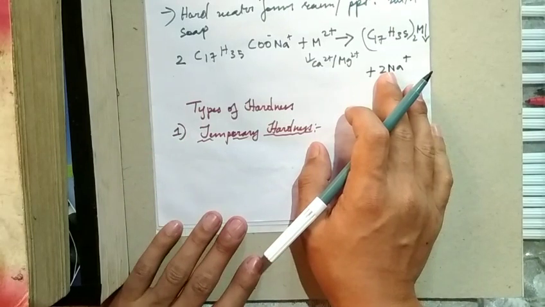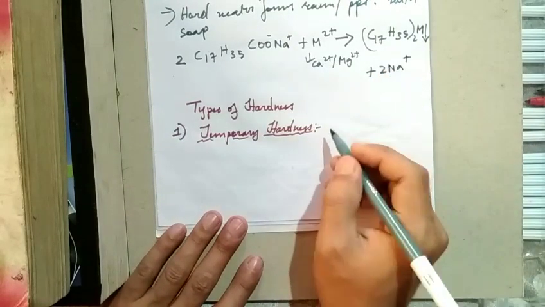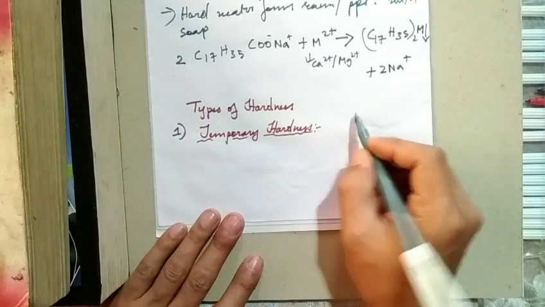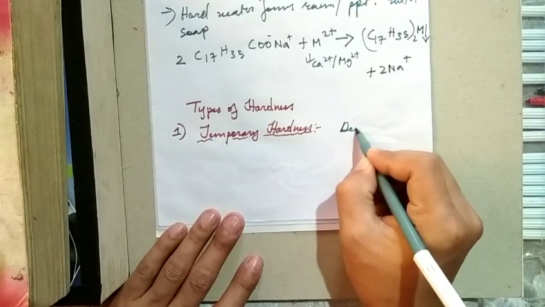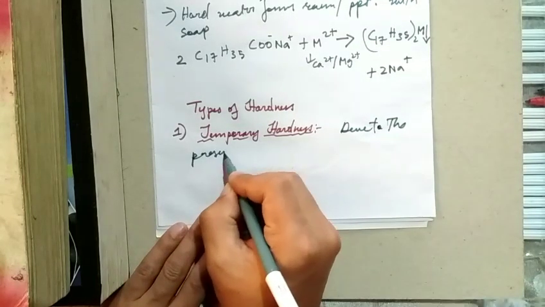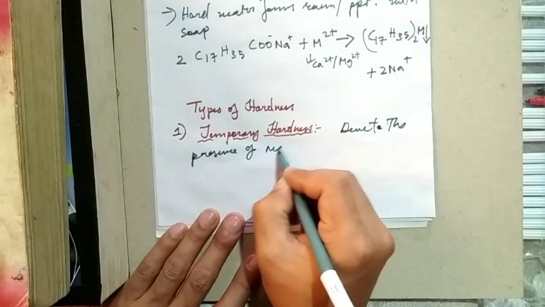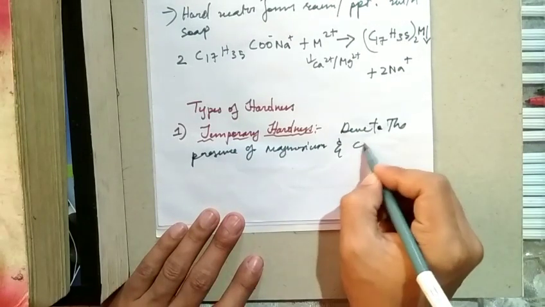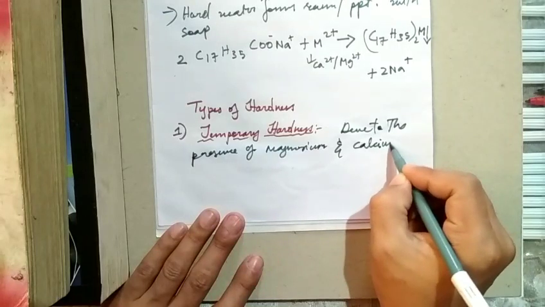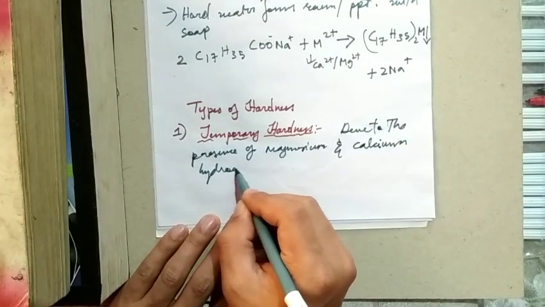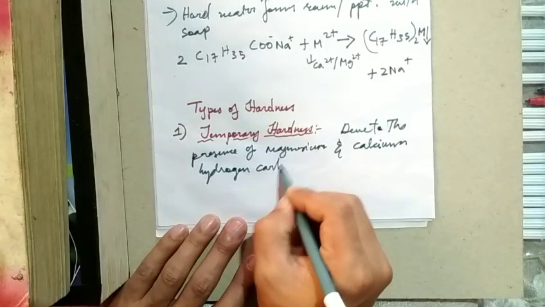So temporary hardness is due to the presence of magnesium and calcium hydrogen carbonate.